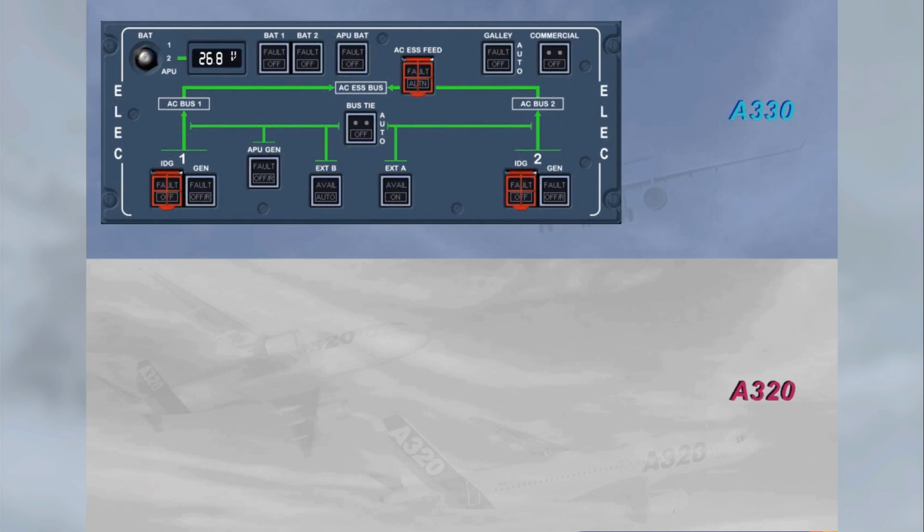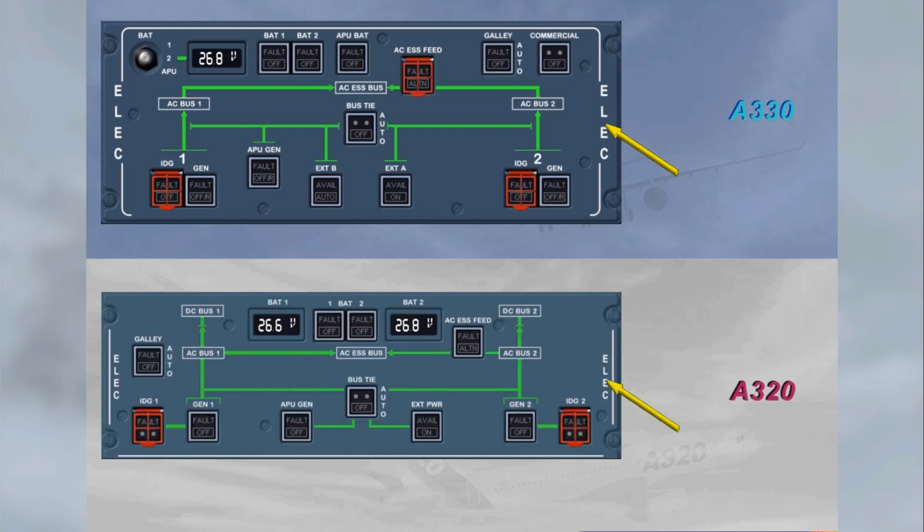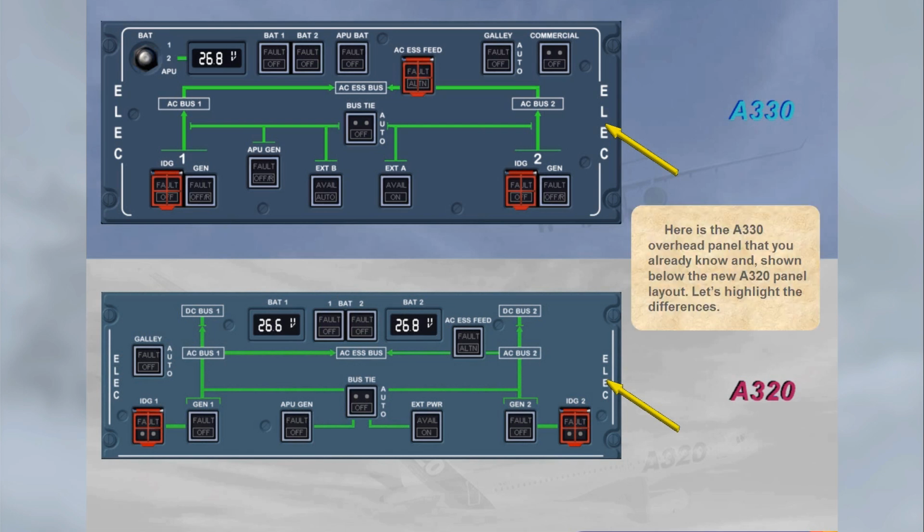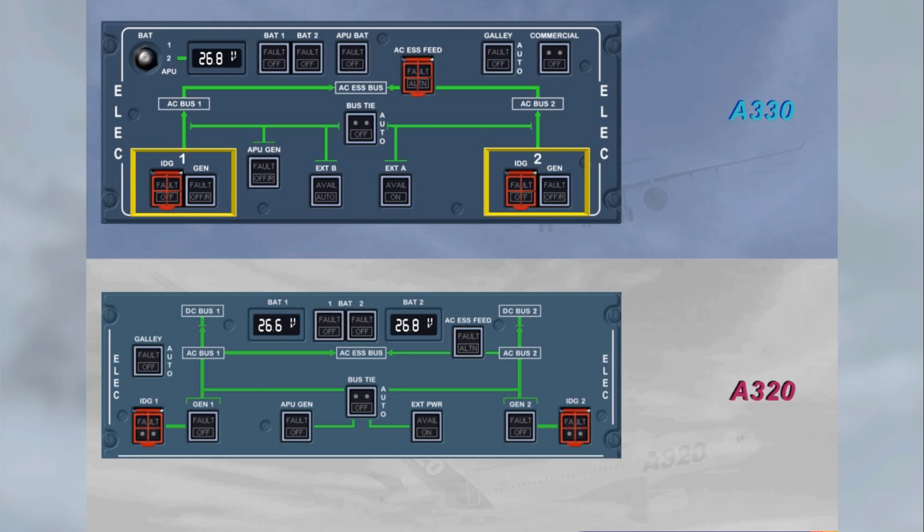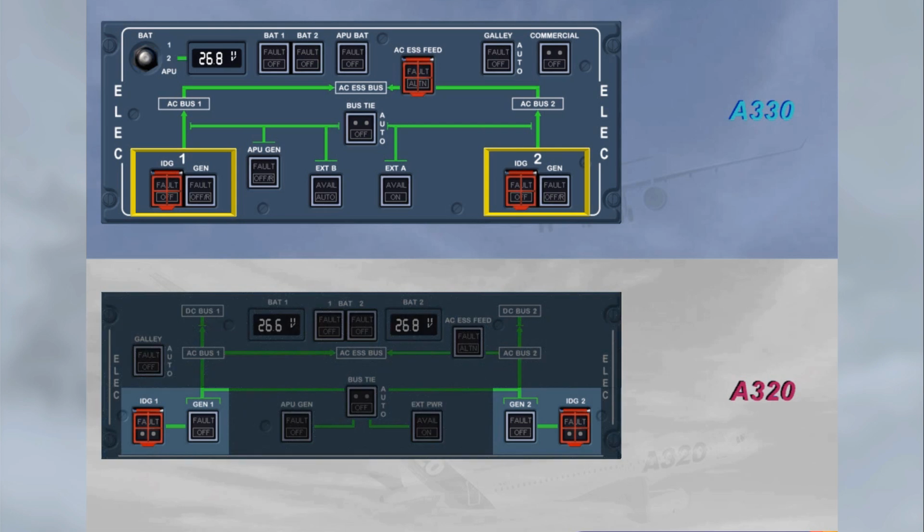Here is the A330 overhead panel that you already know, and shown below, the new A320 panel layout. Let's highlight the differences. Two engine-driven generator push-button switches are also installed with the associated guarded IDG push-button switches.